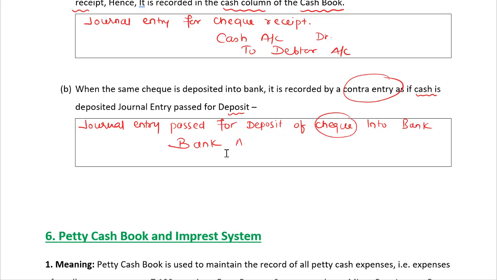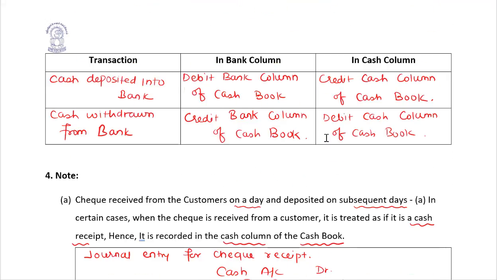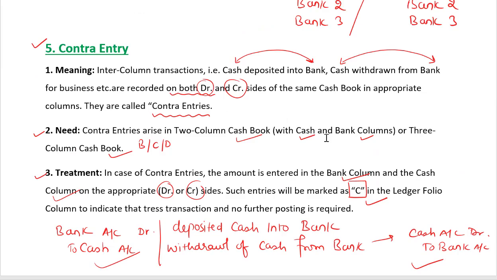The journal entry would be bank account debit to cash account. Students, I believe you must have understood till here. This was the contra entry transaction.